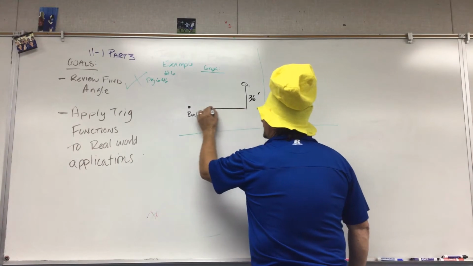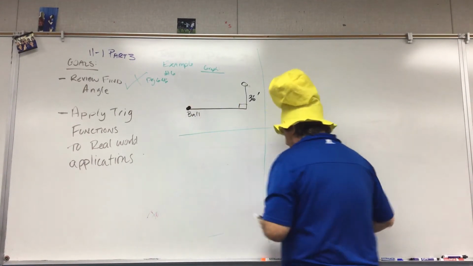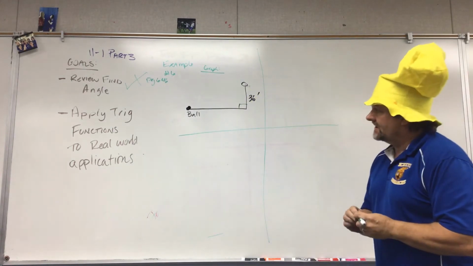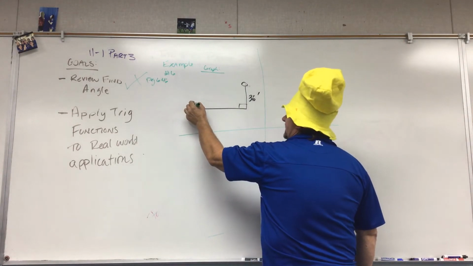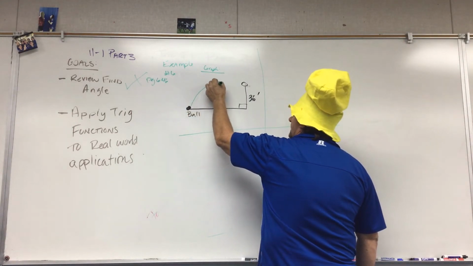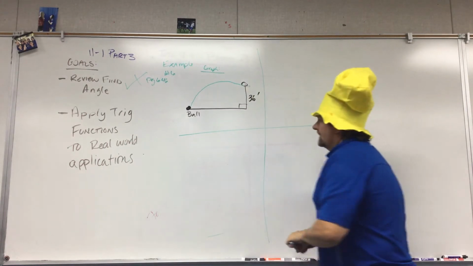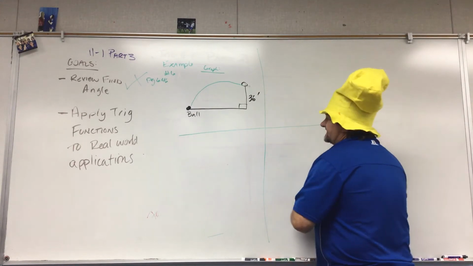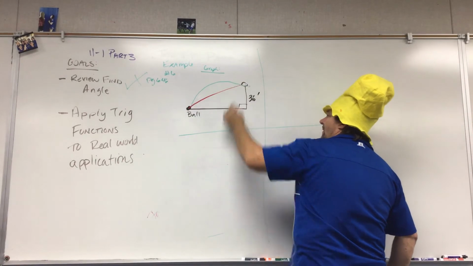So if we draw the triangle, it looks like this. Let's assume the golfer is on a hill and the hole is right here. They want to know the distance between the ball and the hole.